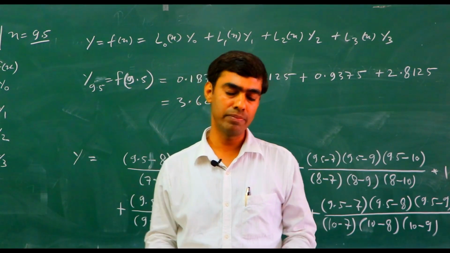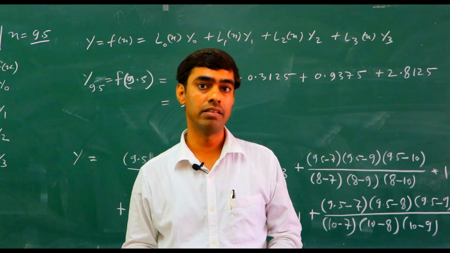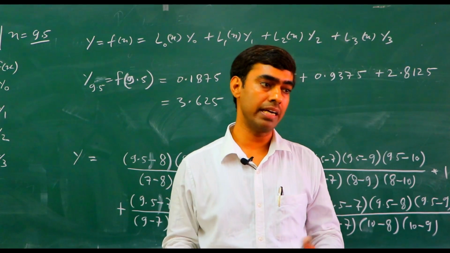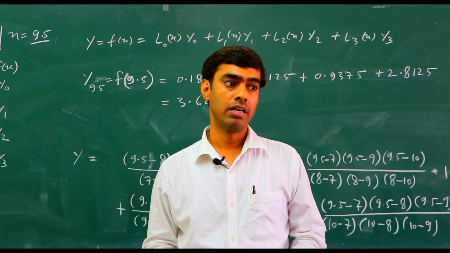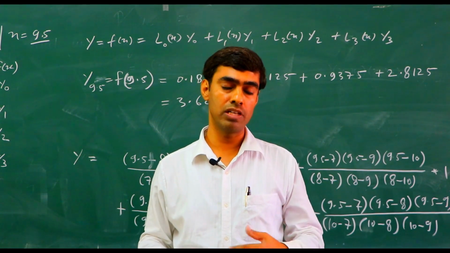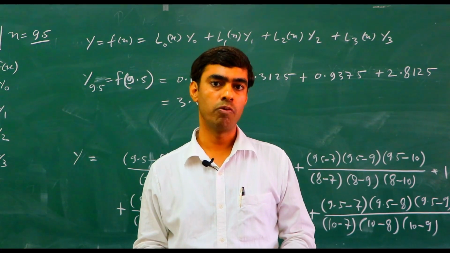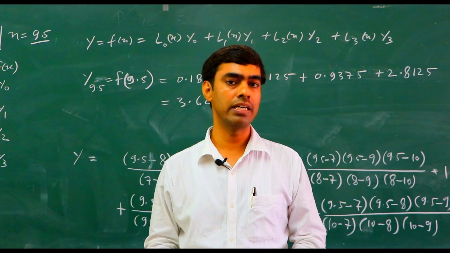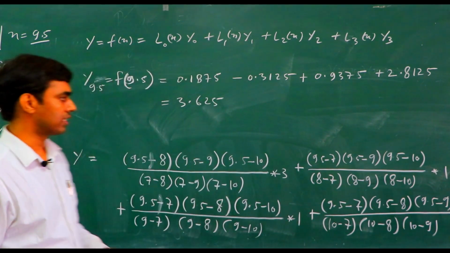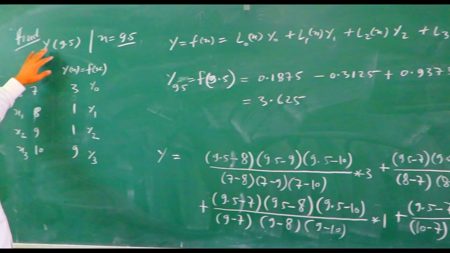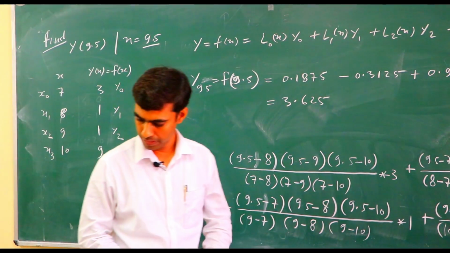Similarly, the Newton divided difference formula is especially derived for the unequal class interval, but you may also interpolate the value of y for a given value of x if the data is given for equal class interval. So this is another example of how we find the value of y for a given value of x.